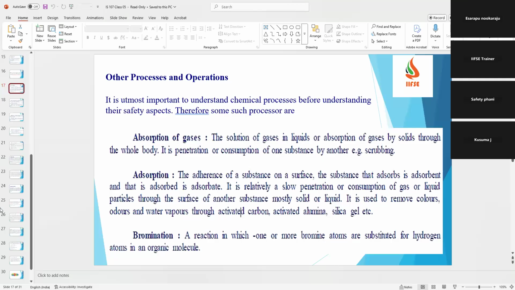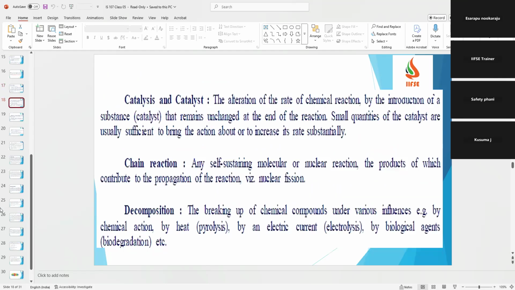Then bromination: it is basically a reaction in which one or more bromine atoms are substituted for the hydrogen atoms in an organic molecule. Then catalysis or catalyst: it is an alteration of the rate of a chemical reaction by the introduction of a substance, the catalyst, that remains unchanged at the end of the reaction.